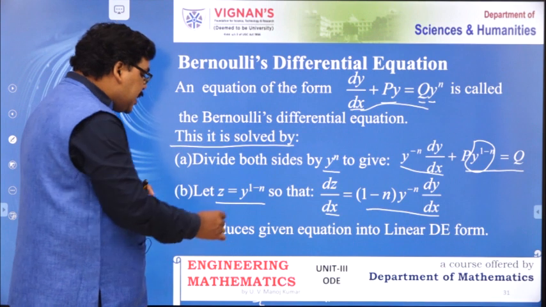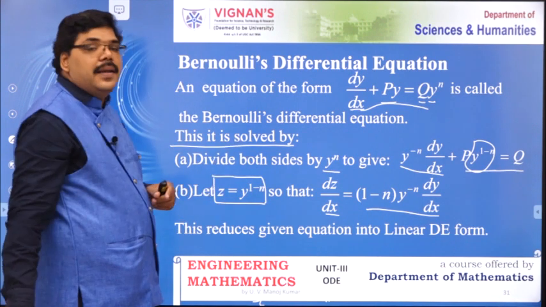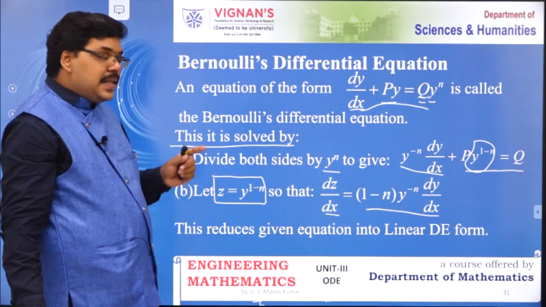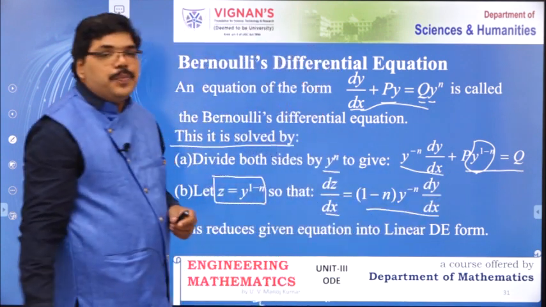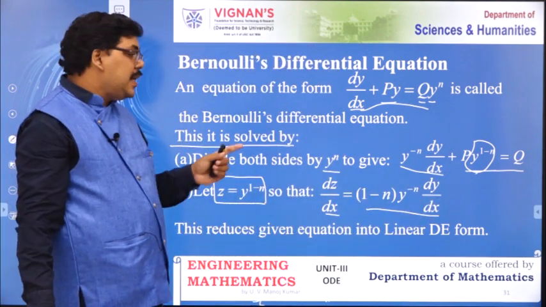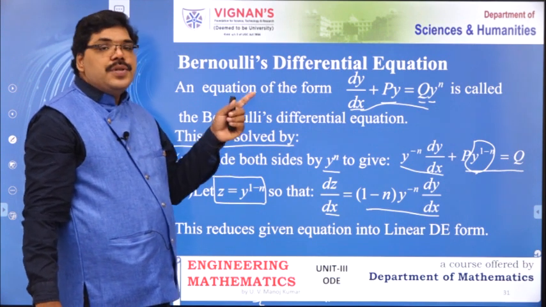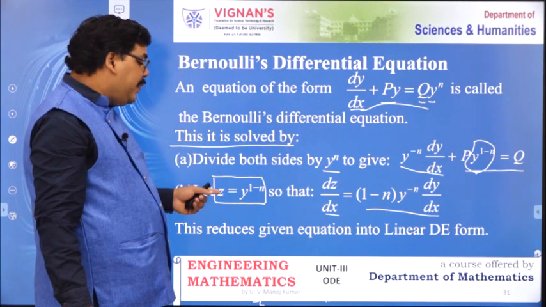The substitution is z equals y power 1 minus n. Where is this y power 1 minus n? It is multiplied with p, so this is the coefficient of p. Okay. So, substitute the coefficient of p as z and find the derivative on both sides.